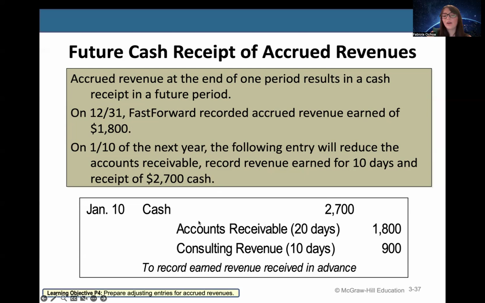You credit AR because you are saying that your customers have just paid you. They no longer owe you this amount. So that is why you are crediting your AR. You are making your balance go down because we recorded 1,800 in the past. And now you are going to credit consulting revenue for 10 days of service worked on up until January 10th.